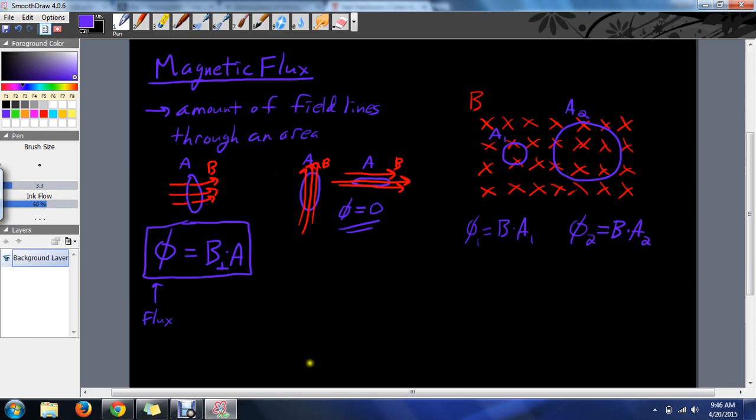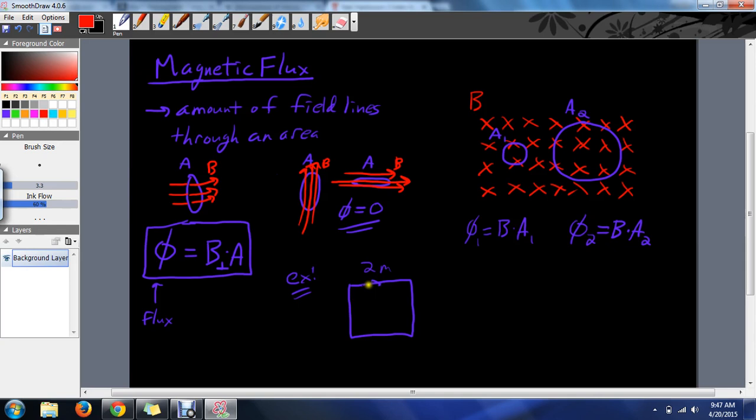Let's do a calculation example, and then in the next video we will talk about current generation by changing flux. So my little example here, I'm just going to make up a number. Let's say I have a square loop of side 2 meters. We don't need to know the current.